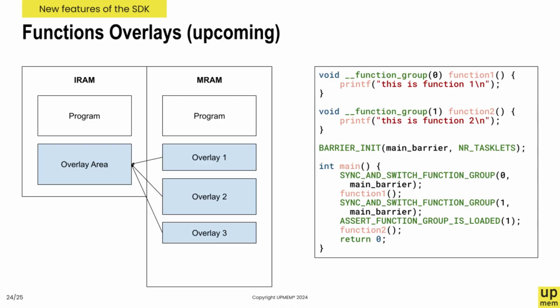Actually, most of our testing and debugging effort so far has been on making sure that this all works with LLDB, because obviously debugging something like that is not trivial. To help with debugging, we also have some extra macros like that. You can test which function group is loaded. You can make sure that your preconditions are actually what you think they are.